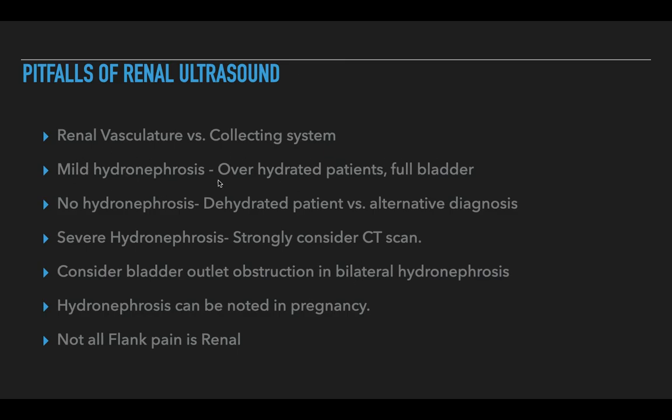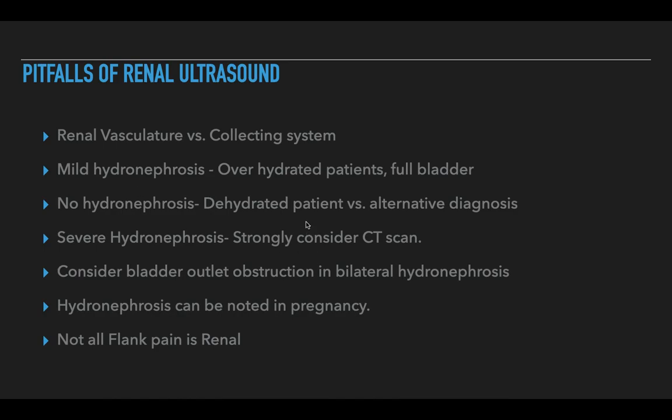Mild hydronephrosis, your overly hydrated patients or anyone who has a full bladder will have mild hydronephrosis. If your patient has no hydronephrosis though, and you feel like this patient definitely has a kidney stone, it could be that they're just very fluid down. So perhaps consider giving them a liter of normal saline and then repeating their imaging in about an hour. And you may be able to see the hydronephrosis on the side that is affected.